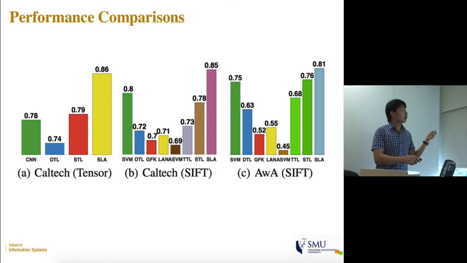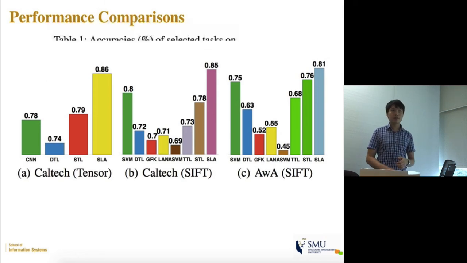In the case of using SIFT feature vectors, we also see SVM report significantly higher results compared to deep transfer learning and even sensitive transfer learning. You can see the same story with the Animal with Attributes data.